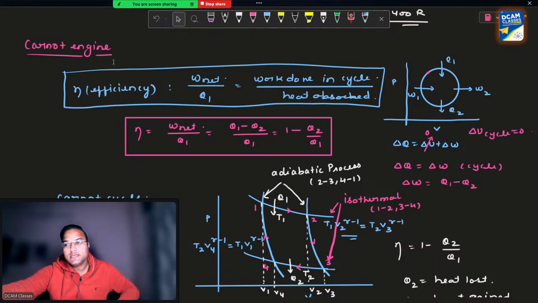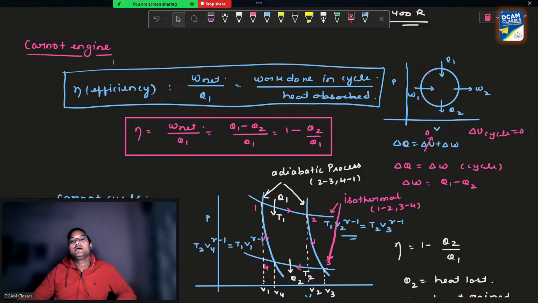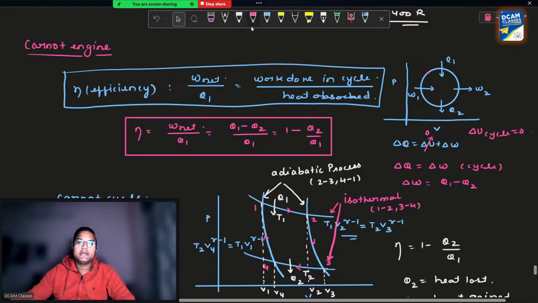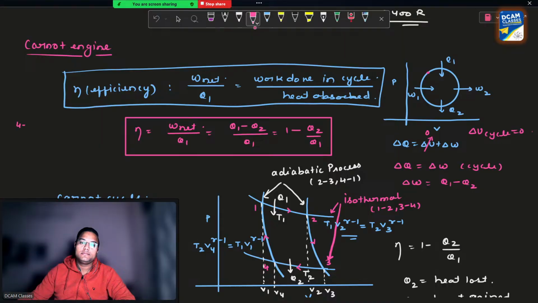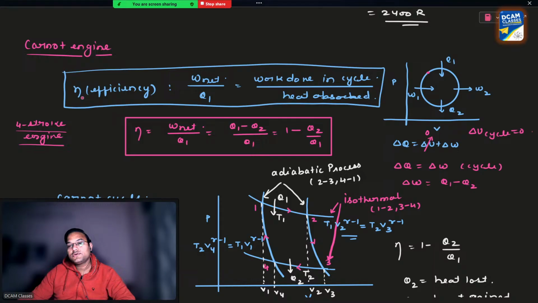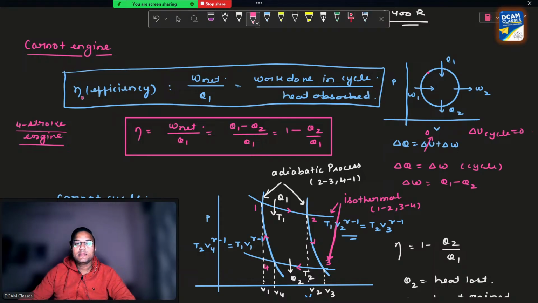Suppose you take an example of the 4-stroke engine, which is present in our motorcycle, car, like that. What do these 4 strokes actually mean? The 4 strokes represent the 4 parts of a cycle.